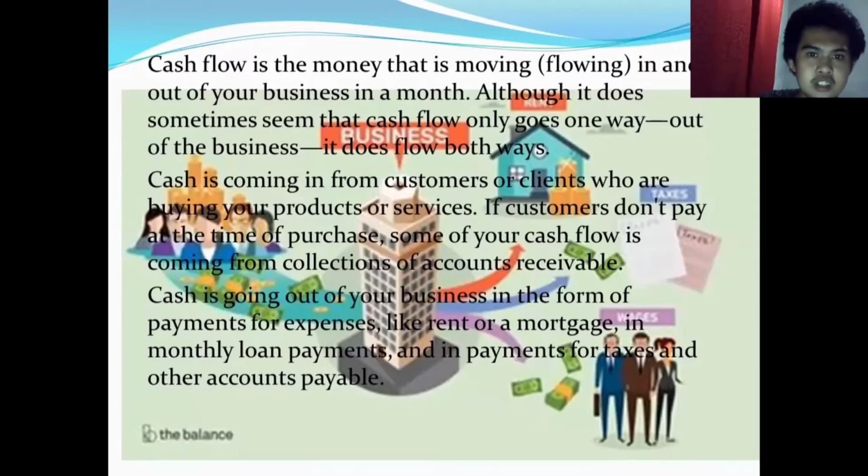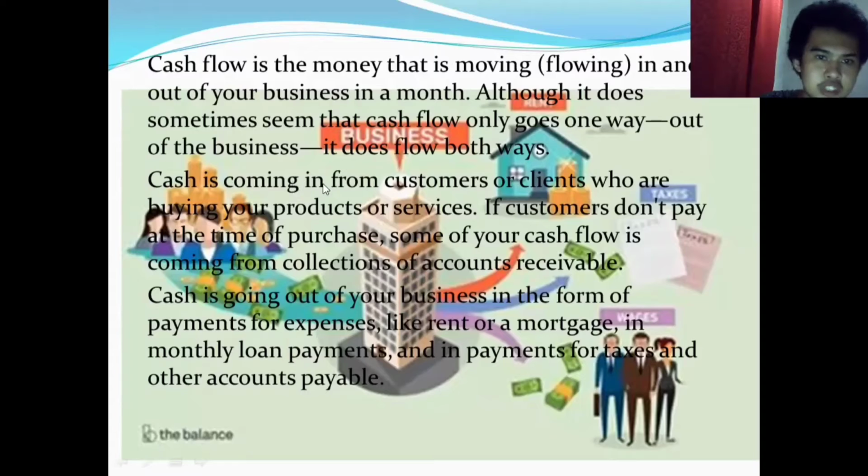Cash flow, how it works in business. Cash flow is the money that is flowing in and out of your business in a month. Although it sometimes seems that cash flow only goes one way, out of the business, it does flow both ways.